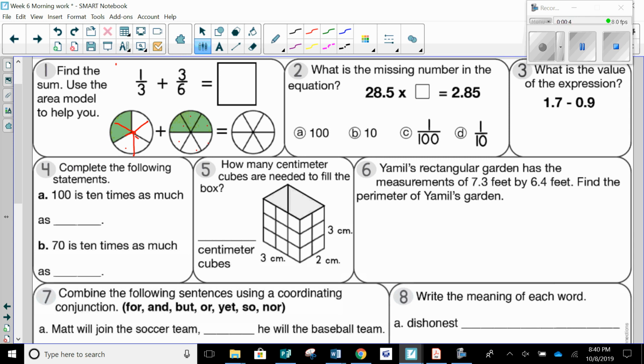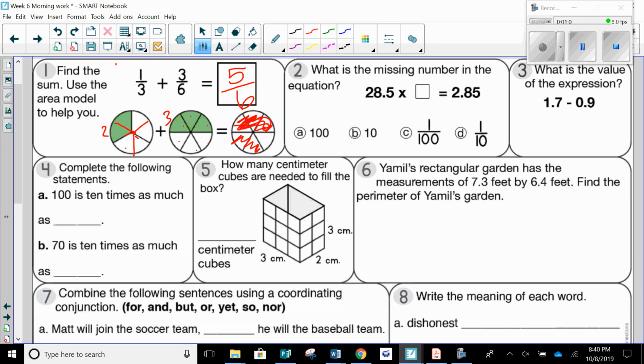Okay, so now they're equal. In this one I have 2 out of the 6 shaded, and in this one I have 3 out of the 6 shaded. So I'm going to shade in my wonderful coloring job here, 3 there, and then 2 more. So I've shaded in 5 out of the 6.